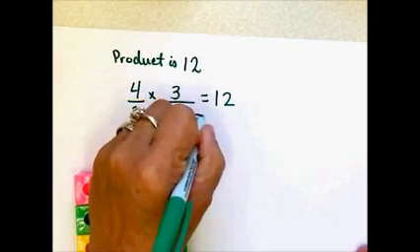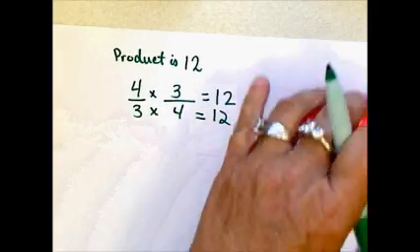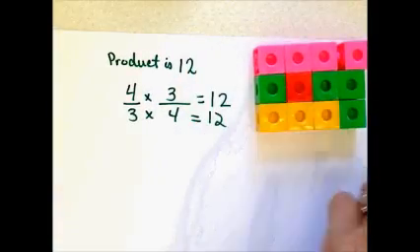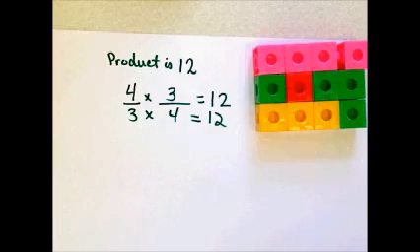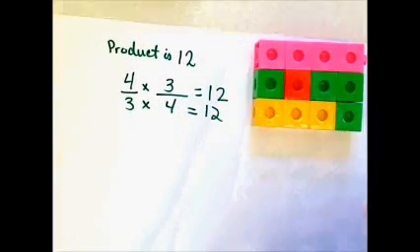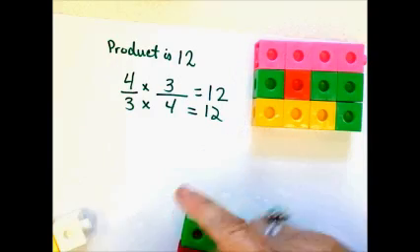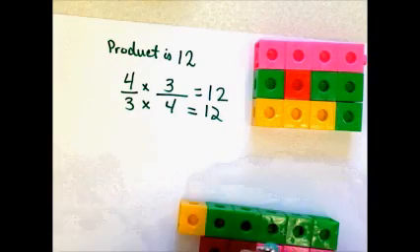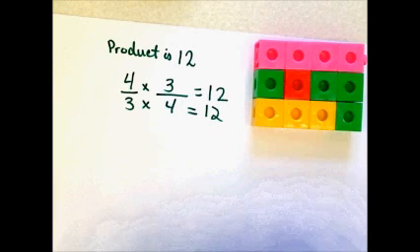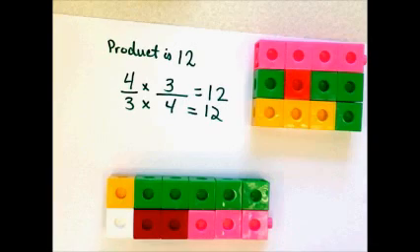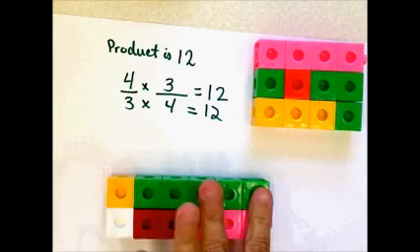Now I can make another array with 12 cubes. That would be 2 times 6, because I've got 12 cubes here.